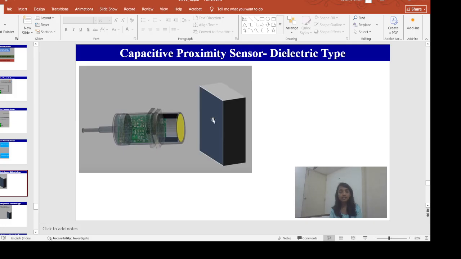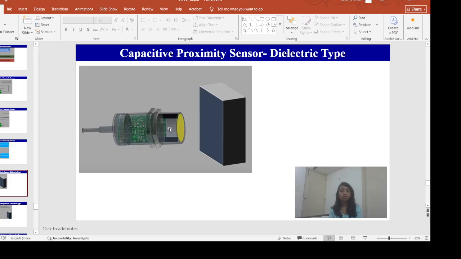The dielectric constant of the object should be higher than that of air. Inside the sensor we have two parallel plates, and these two parallel plates are isolated using air as the dielectric.